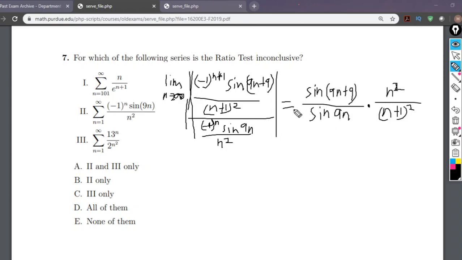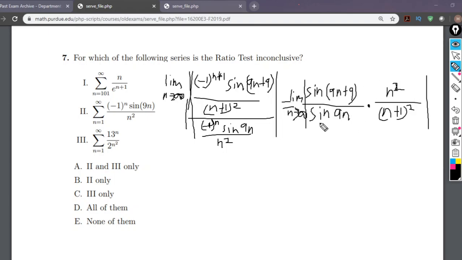And so still taking the limit of this. Right, so you can do the same thing. We can take a limit of this and a limit of this, and multiply those two together.